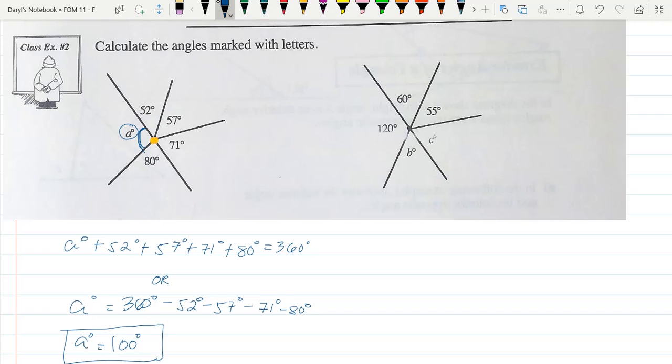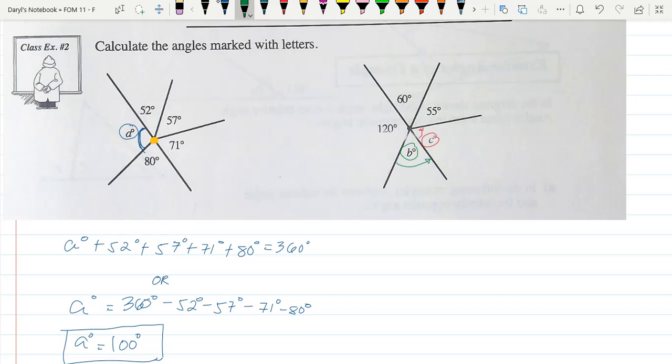We want to know these two angles here, C as well as angle B. This is a little bit challenging because we know that the sum of everything is 360 degrees, but you have two angles that don't contain any value.